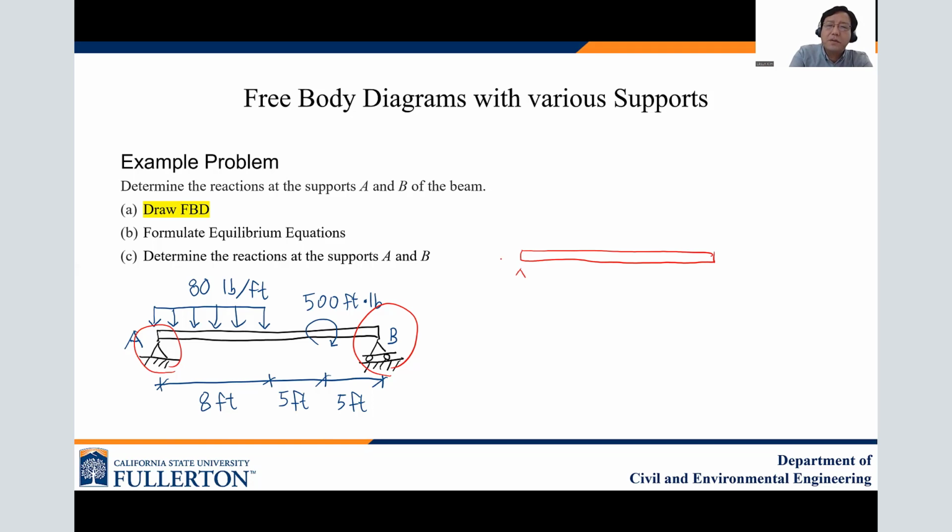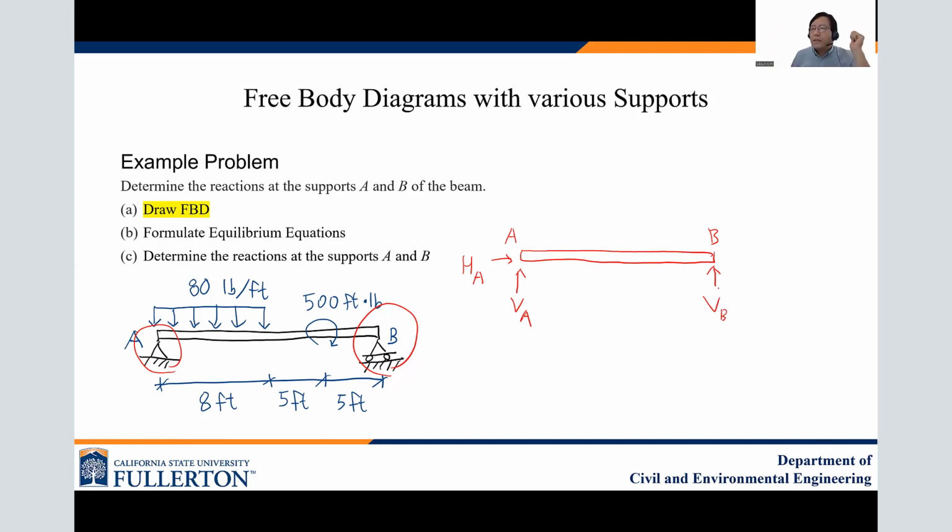This pin support is A, so there are two unknown reactions, right? We learned about that. So there are HA and BA. And B is at the roller, so there is only one unknown reaction, B.